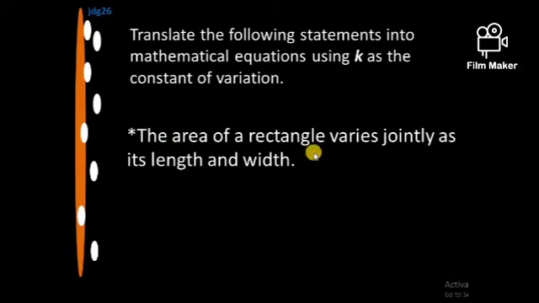First one is the area of the rectangle. So, pwede natin siya i-represent as A kasi area. And then, the other two variables which is length and width, pwede natin i-represent si length as L and width as W. The clue word is varies jointly. So, which means the equation for this situation is A equals K times L times W, where K is the constant of variation. And that's it.